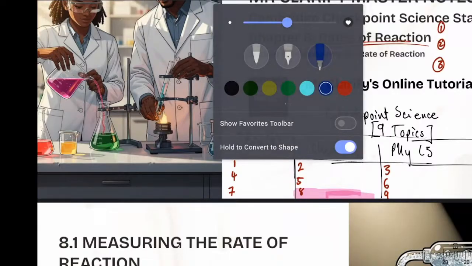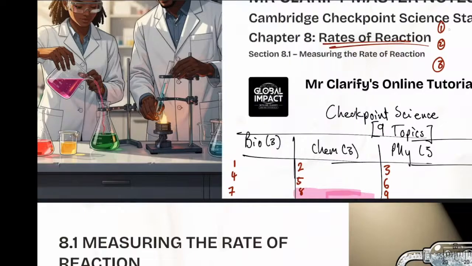Okay, for stage 9 chemistry students, what do we mean when we say rate? So all stage 9 students should know what we mean when we say rate and how to measure. So the first section is about measuring the rate of a reaction. We need to know how you measure.